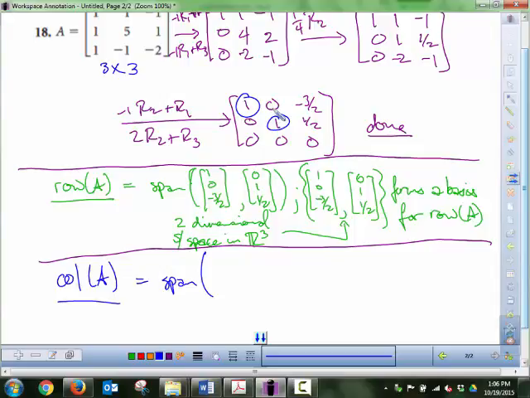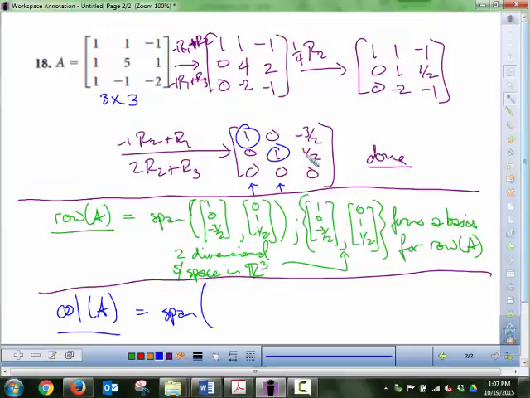Wherever those leading ones are, you identify them as the first and second column in this case. So I have leading ones in the first and second columns. But what I need to do is go back to the original matrix A and pick out the first and second columns, and that will form my column space.